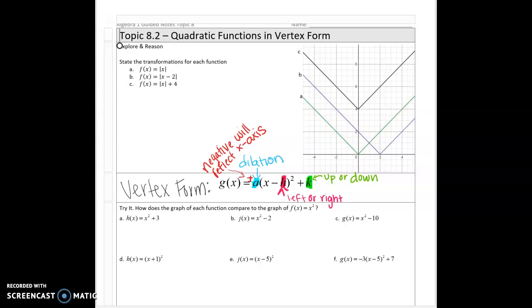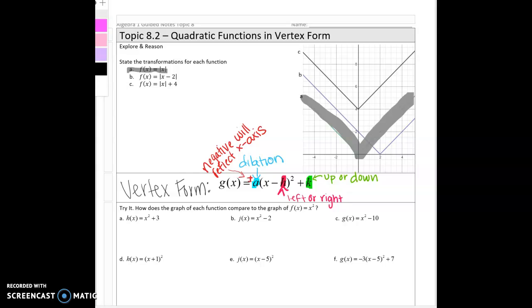If we look at some examples up here, we have the parent function, which is this one right here. So that was the parent function.